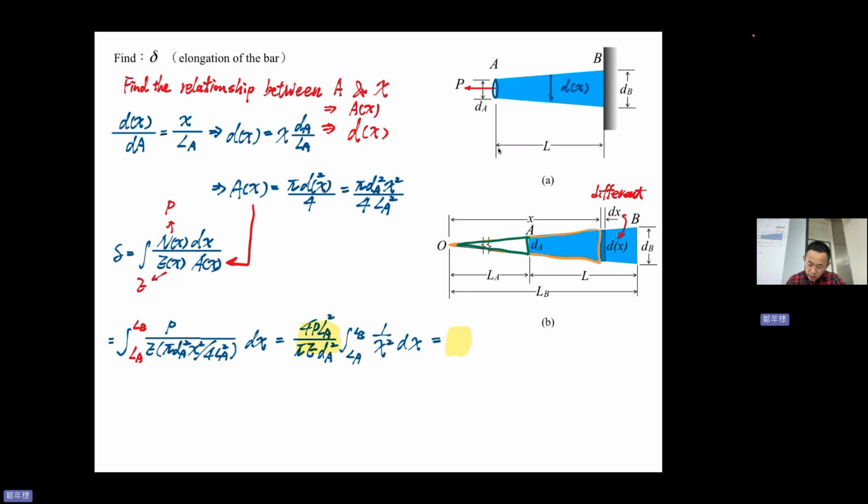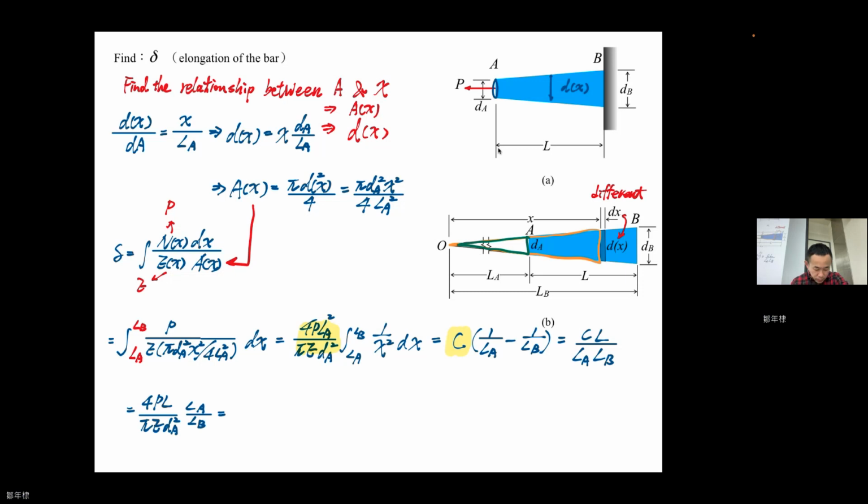It's a constant. So I just write it down as C, 1 over LA minus 1 over LB. Okay. C L divided by LA LB. And equal to still 4PL divided by pi E dA square. Just saving some time. LA divided by LB.